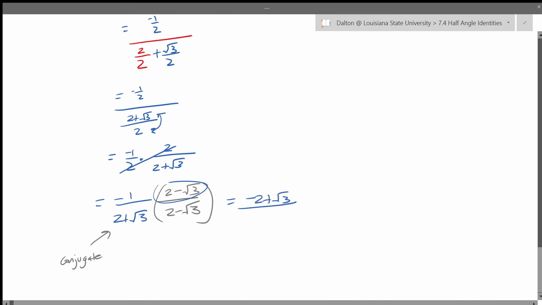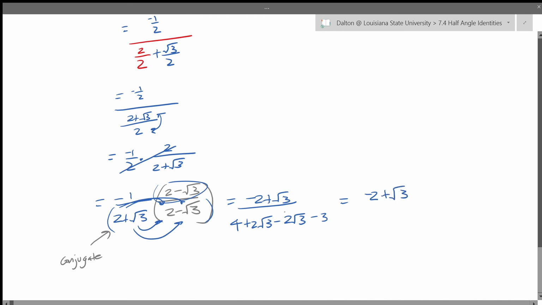And the denominator, you have to realize when we distribute, this is actually FOILing, right? So first is going to be 2 times 2, which is 4. Inner will be 2 square roots of 3. Outer will be minus 2 square roots of 3. And last will be minus square root of 3 times square root of 3, which is 3. And then if I simplify this again, I get negative 2 plus the square root of 3.